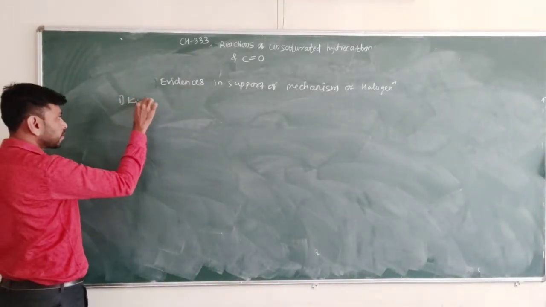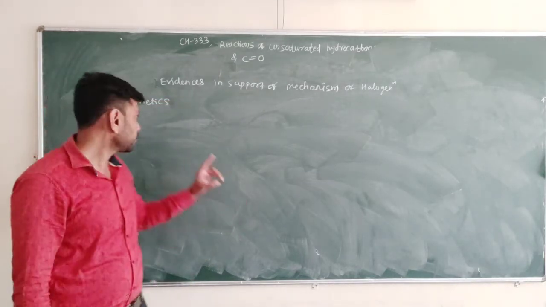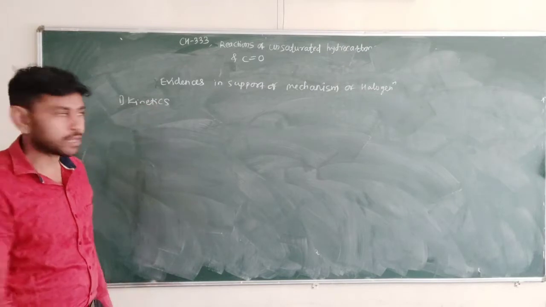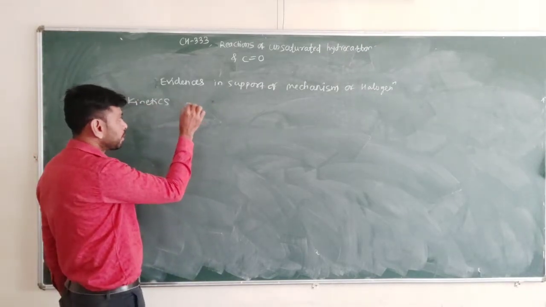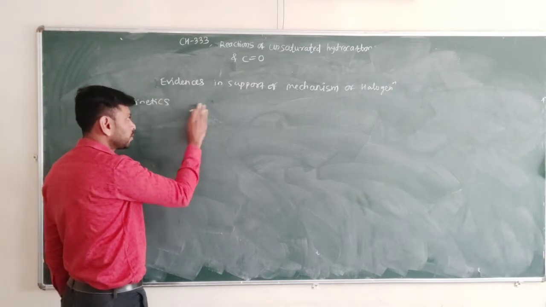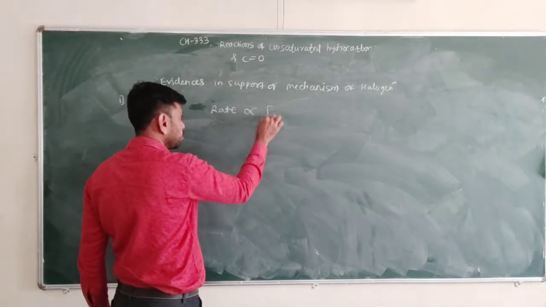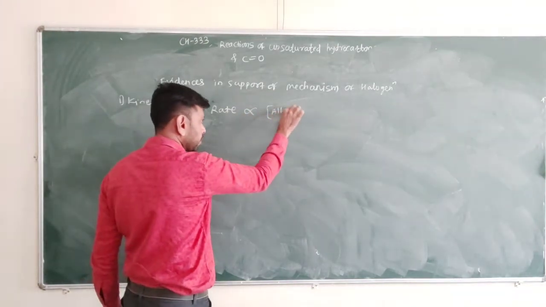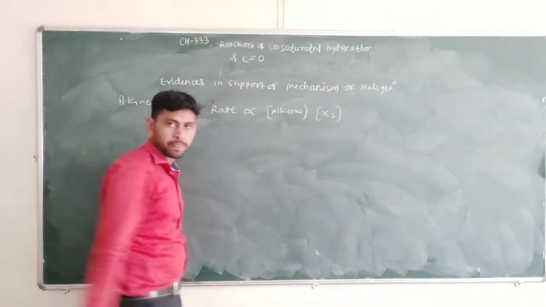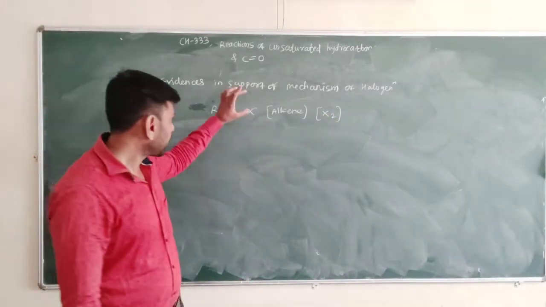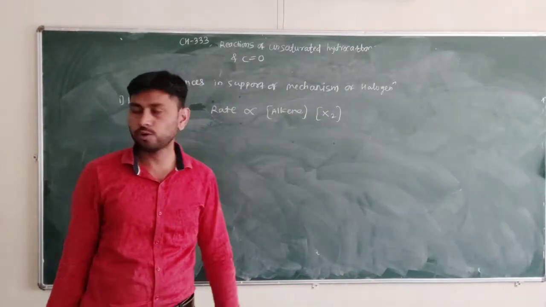If we study the kinetics of this reaction, it shows that the rate of reaction is directly proportional to both the concentration of alkene as well as the concentration of halogen.